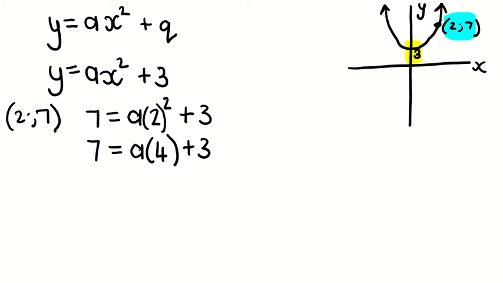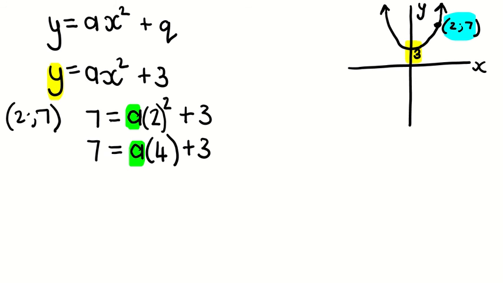We are working out a, because a is the only one that you don't know the value of yet. What do you mean? The 2 and the 3. Where did it? No, the 7 is the value for y.